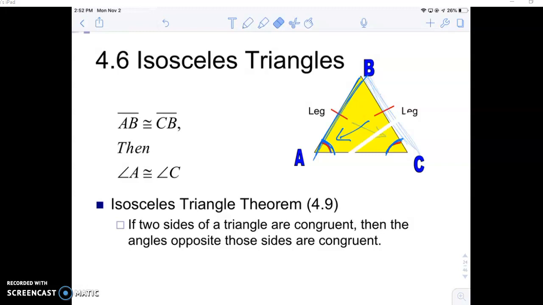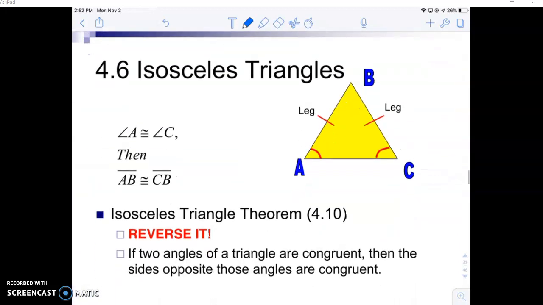Another way of saying it: the two angles that are not the vertex angle are the same if you have an isosceles triangle. That's what the theorem says, written out in this proof right here. If AB and CB are congruent, then angle A and angle C are the same.